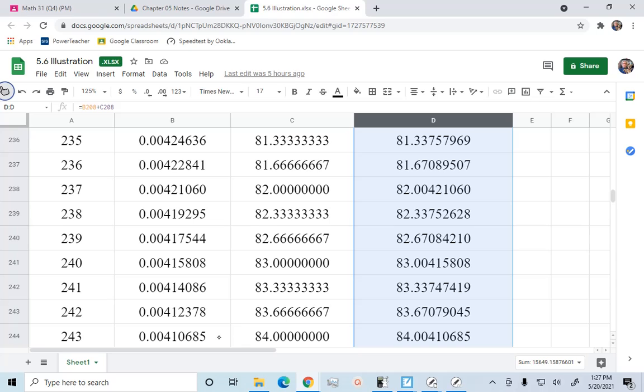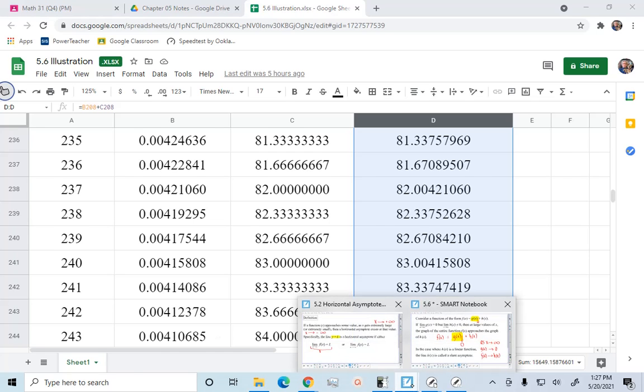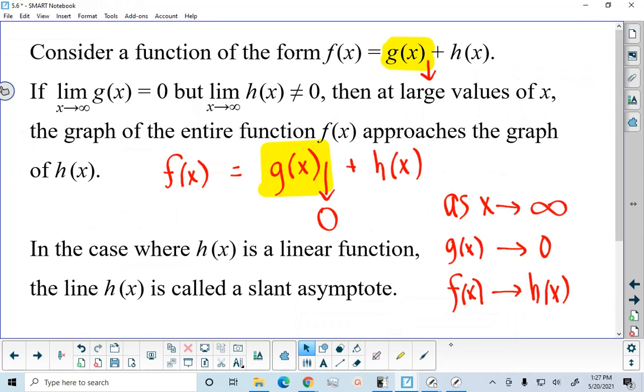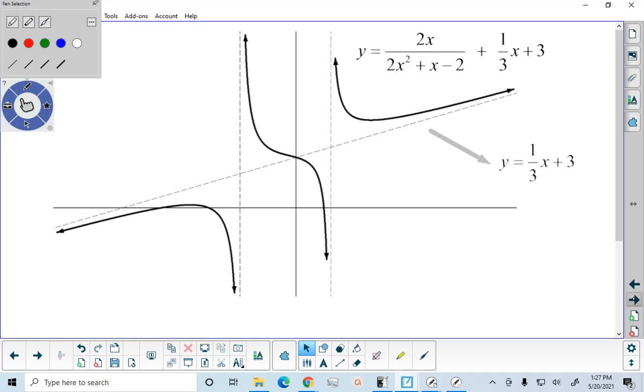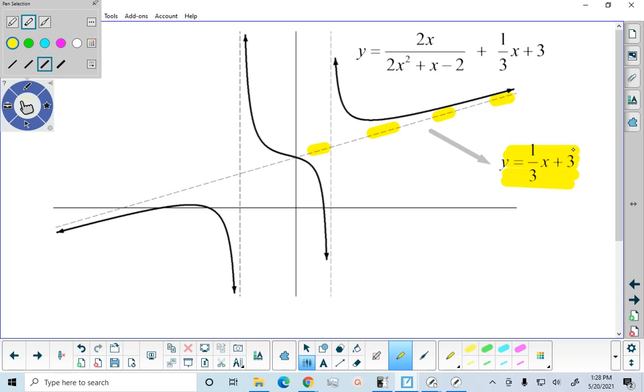And when you take a look at the graph of the function, that's what this graph is showing you. For this function, if you were to graph y equals 1/3 x plus 3, which is not the function, you would get this line.